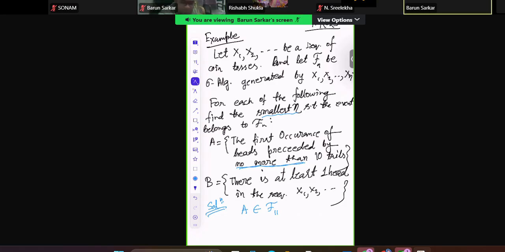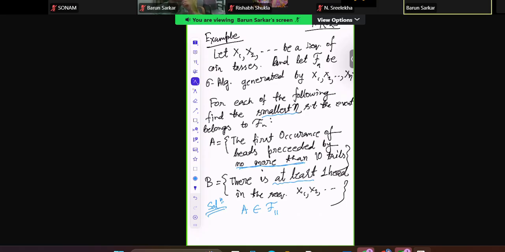It may happen that there is at least one head in the sequence, right? But which guarantees? You can have a head in the first toss.